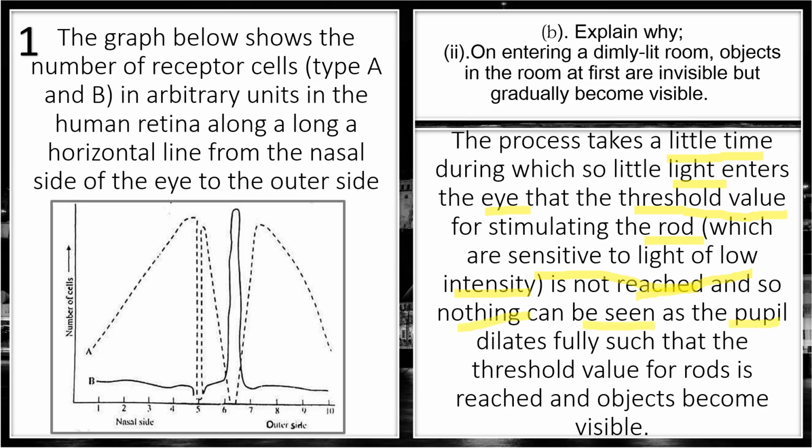As the pupil dilates fully, the threshold value of the rods is reached and the objects become visible.